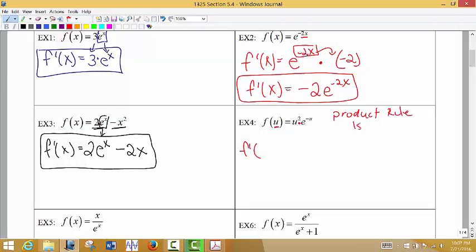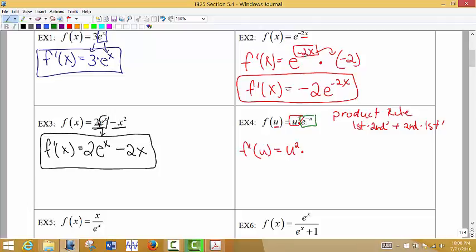So we're going to take the derivative here. We're going to do first times the derivative of the second plus the second times the derivative of the first. So f prime of u. The first, we're going to focus on u squared as the first. So we're going to write down the first as is times the derivative of the second. Okay, so that's e to the negative u.